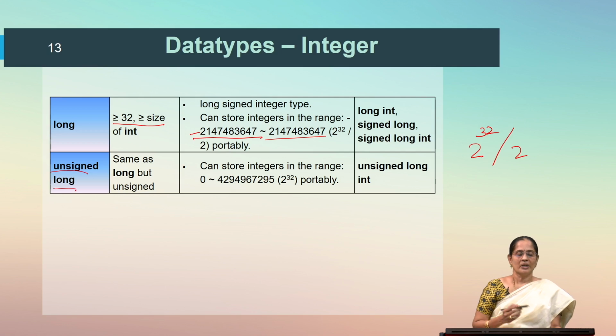However, if the range is still not sufficient for scientific applications, I can modify it further with unsigned long int. If I make it unsigned long int, the division is eliminated and we will be able to get the range from 0 to 2 power 32.